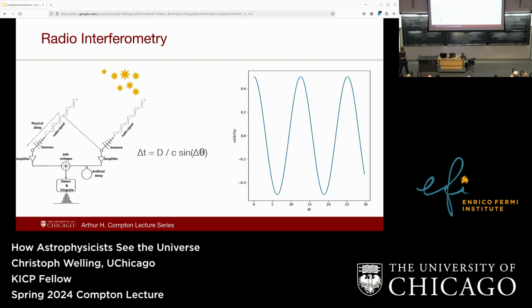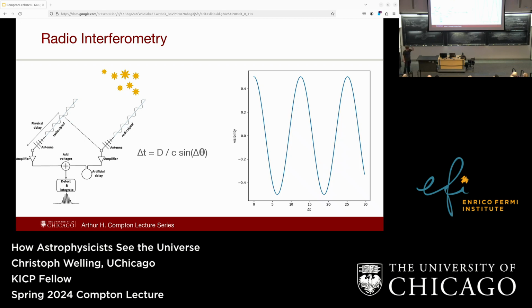So what this tells me is, if I have a source at a certain position in the sky that produces a certain time difference between my antennas, then this is the value I get for this product of the two radio signals. The time difference is related to the distance between the antennas, and also to the exact position of the source.